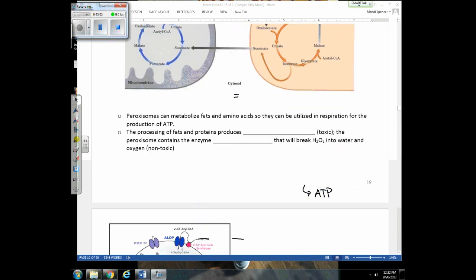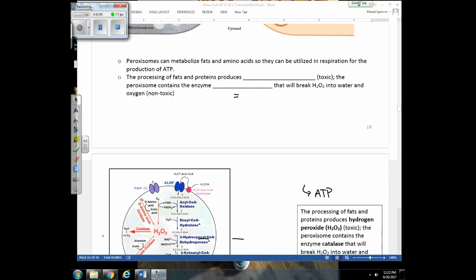Now, something else that you might read about with peroxisomes, and why they're named peroxisomes, is because they have something to do with hydrogen peroxide. Whenever the peroxisomes are breaking down fats and proteins to ultimately lead to something that we can make ATP from, we get this toxic byproduct that's produced, and it's hydrogen peroxide. And it's abbreviated H2O2.